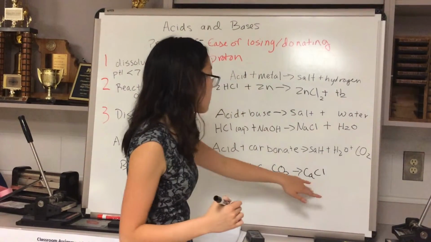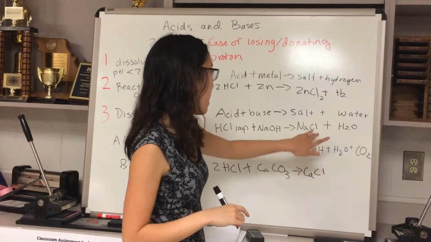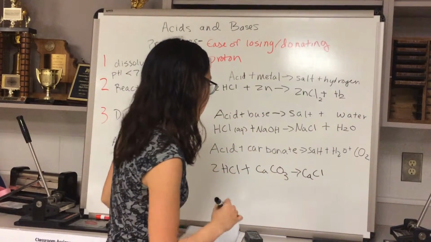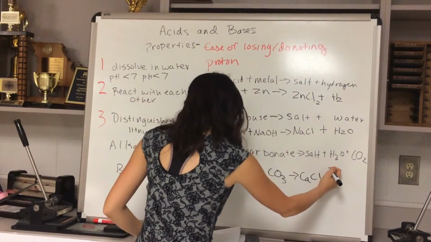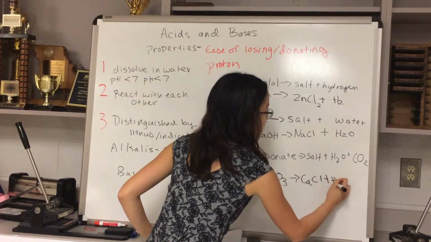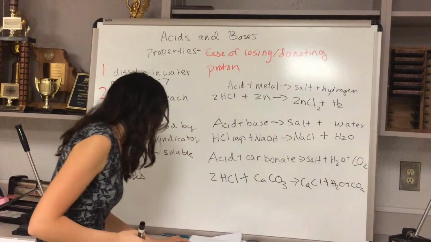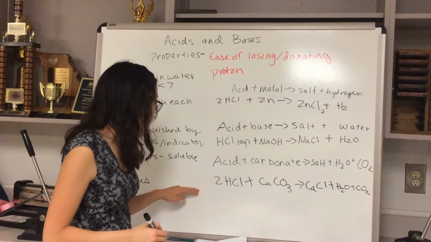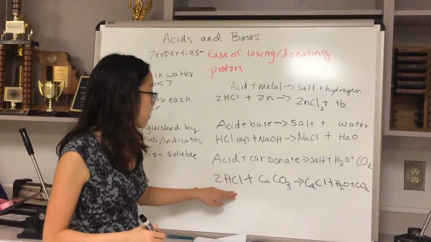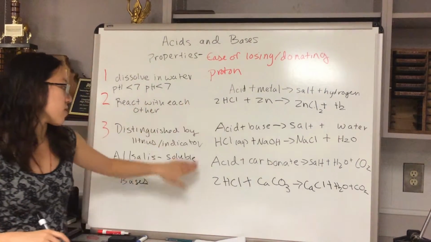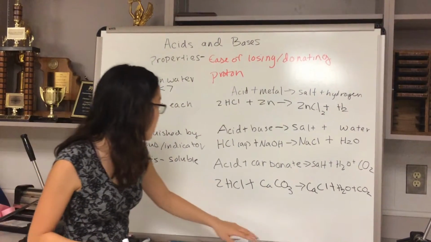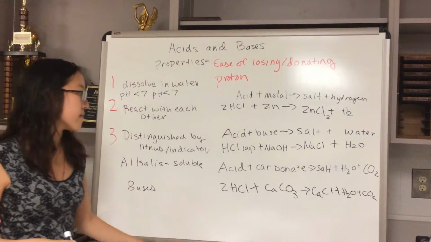As you can see, our salts usually have chloride for their anions, right? Plus, of course, H2O and CO2. Okay, now all of these are different reactions, and everything looks pretty balanced to me.